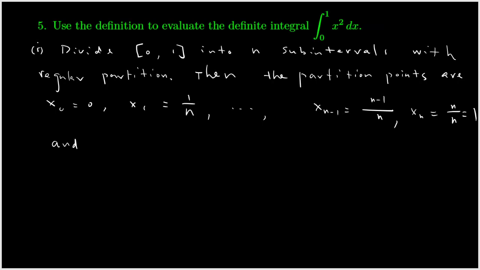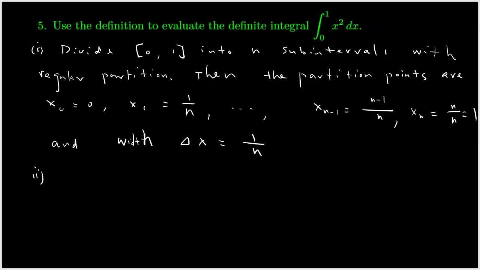And the width of the subinterval is denoted by delta of x, which is 1 over n, right? That is the first step with the proper wording.